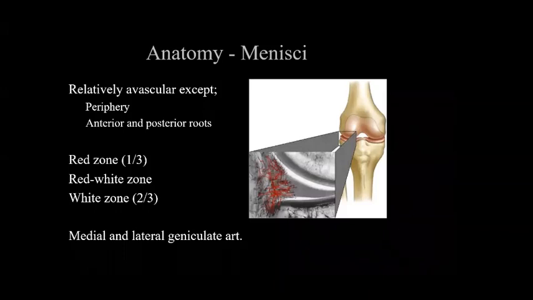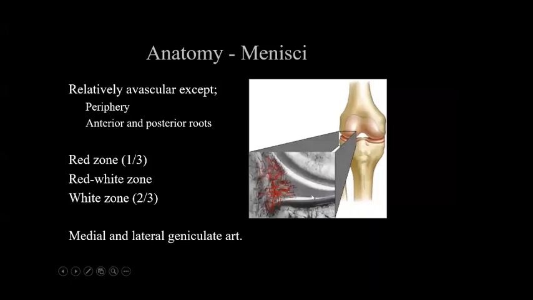Histologically, the menisci have three zones. They have the red zone, which is the peripheral zone, and it is called the red zone because it is vascular. There are blood vessels within the red zone. And then you have the red-white zone, which is the junctional zone between the red zone and the white zone.